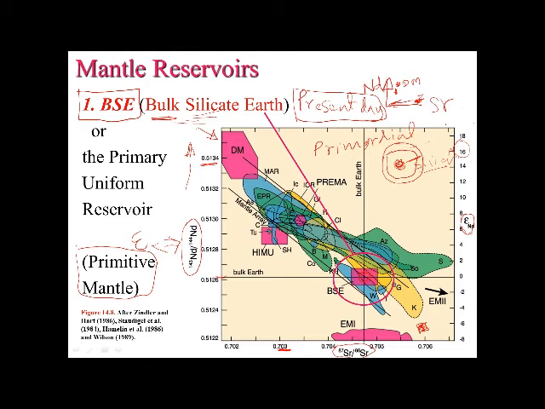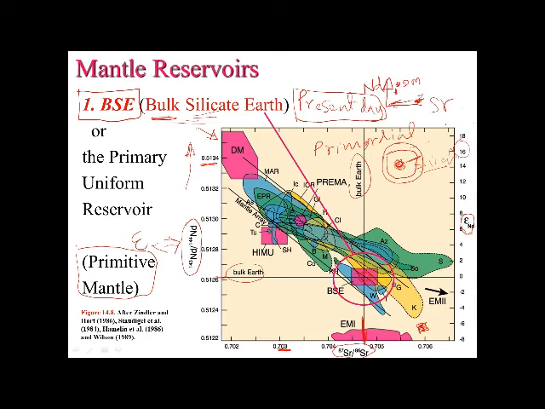And the strontium isotopic composition is falling somewhere here. That's the primordial isotopic value for the primitive mantle. Sometimes we term it as bulk earth also. So that is one reservoir that we have to consider. That is the original reservoir actually.